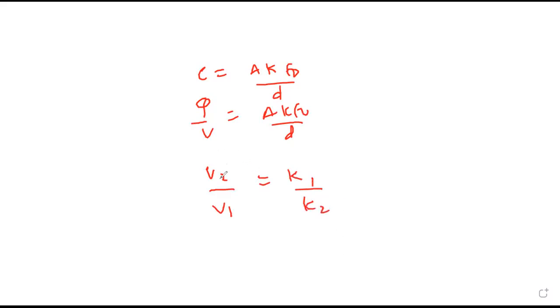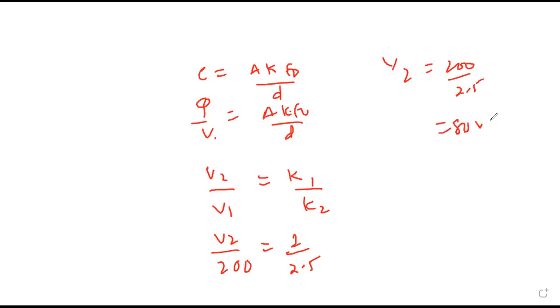This much followed? V and K are inversely proportional now. So V2 we want, V1 is given as 200, K1 is 1, K2 is 2.5. So V2 will be 200 upon 2.5 equals 80 volt.